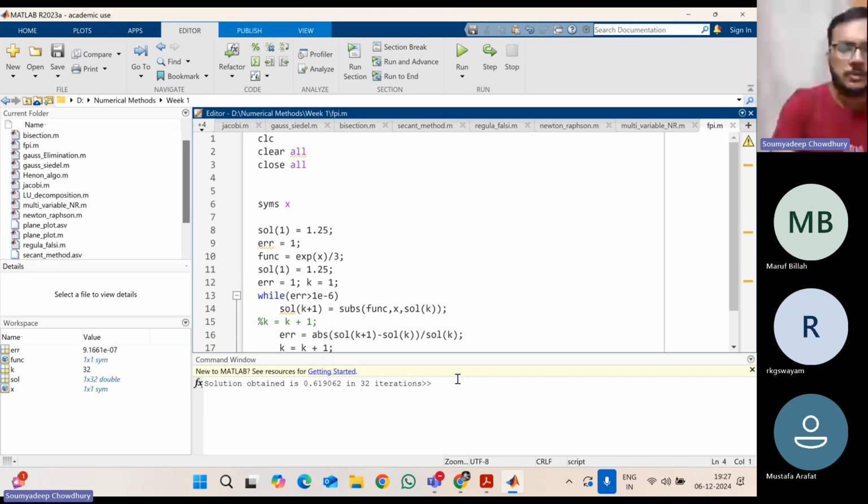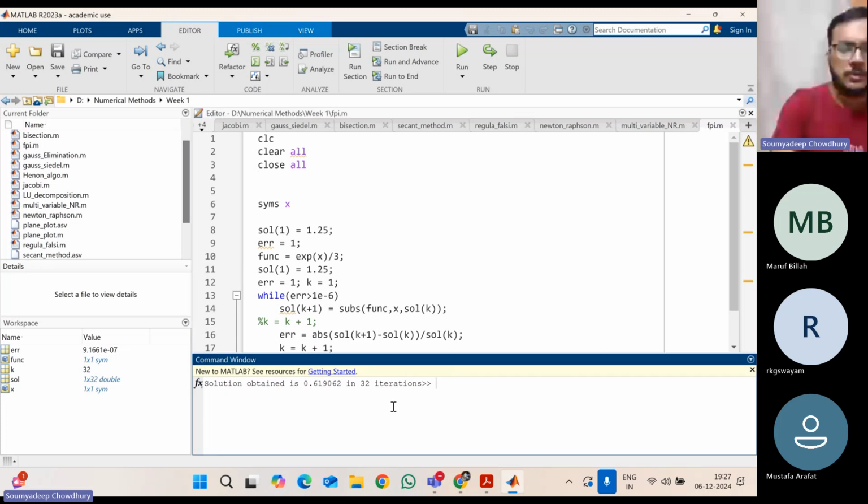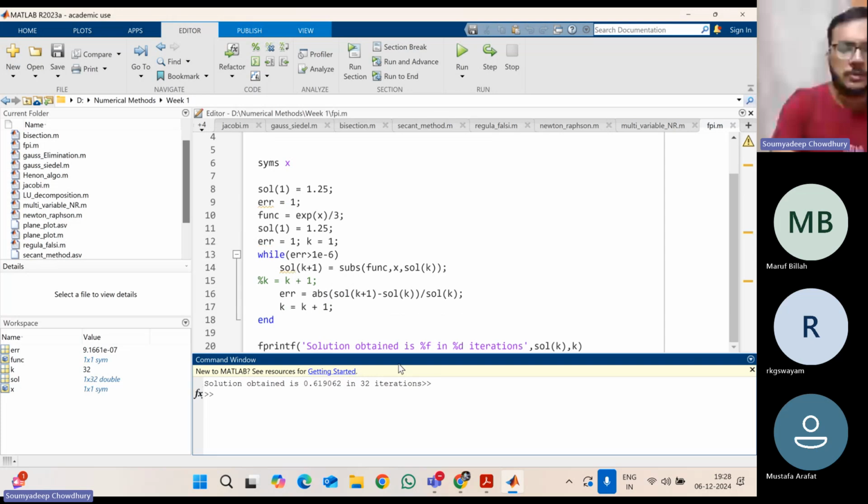The solution obtained is 0.619 in 32 iterations. So I'll just plot this function and show you what my original function was. It is x minus e power x by 3, right?